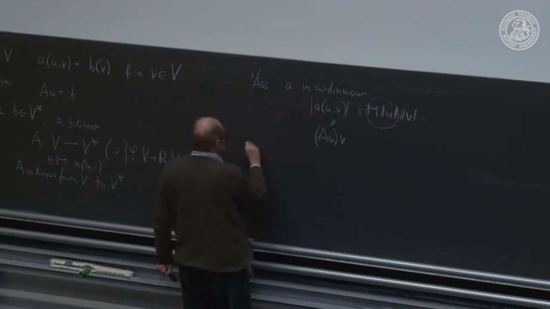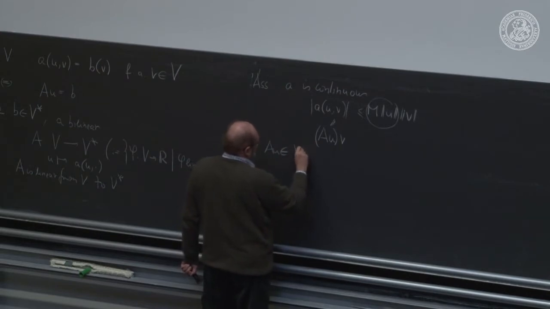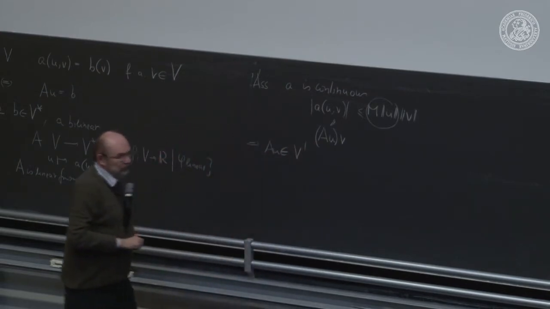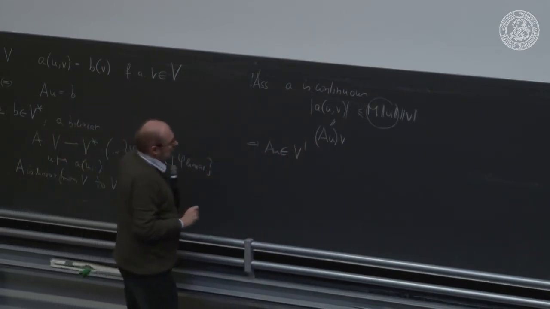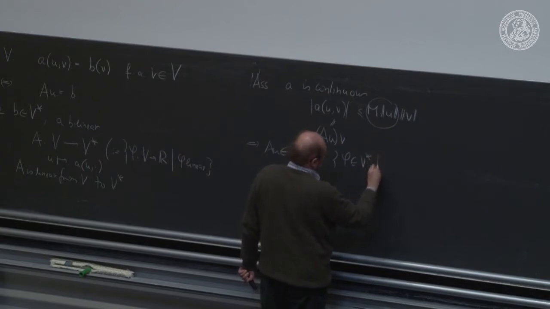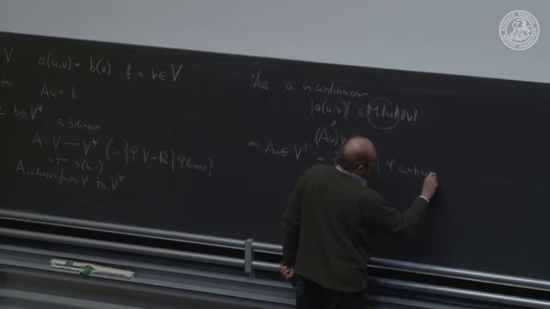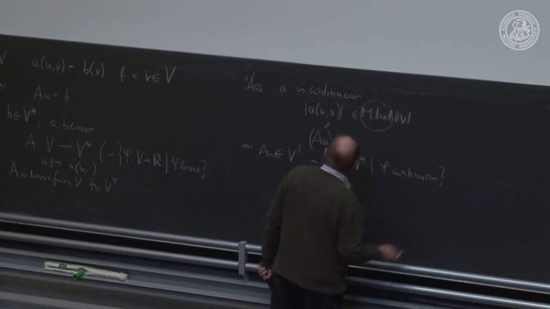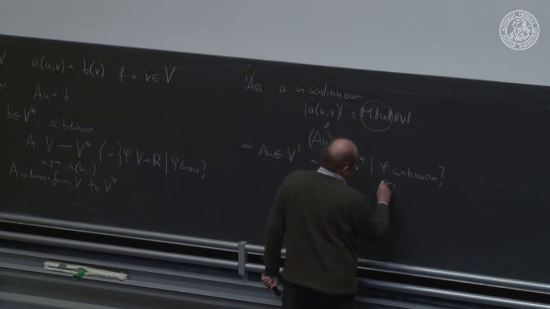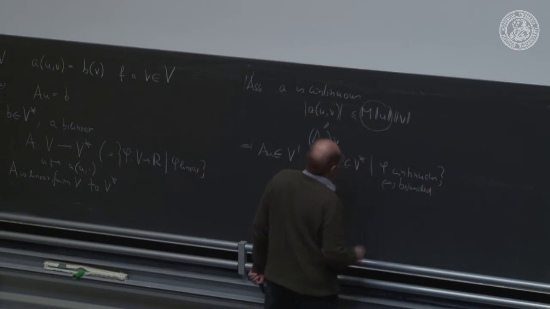So the first thing is we see AU is not only in the algebraic dual, it's also in the topological dual, which is by definition those phi from the algebraic dual which are continuous. And as we are talking here about linear functions, continuous means bounded. That is what we have checked.